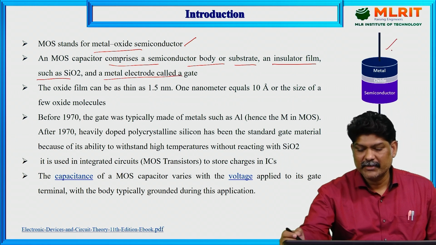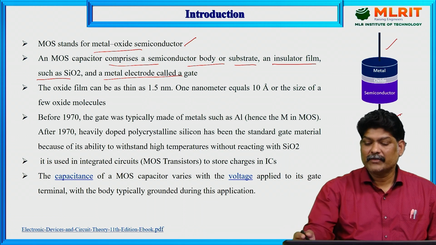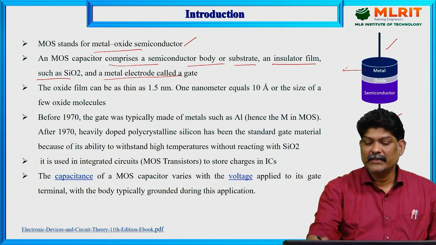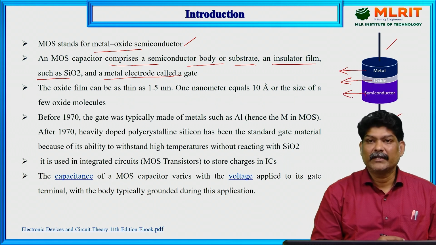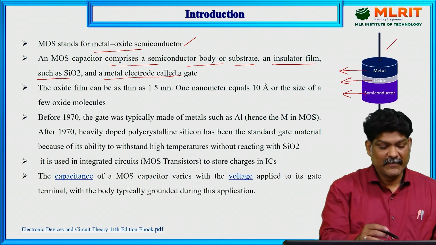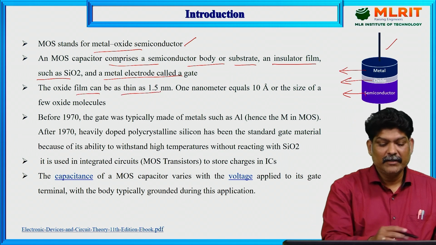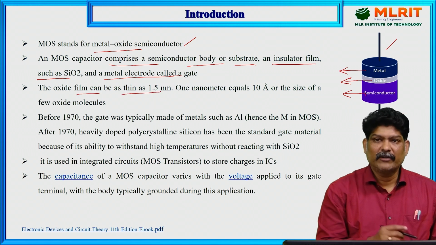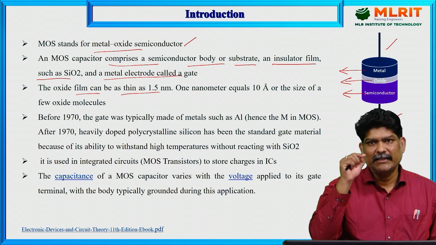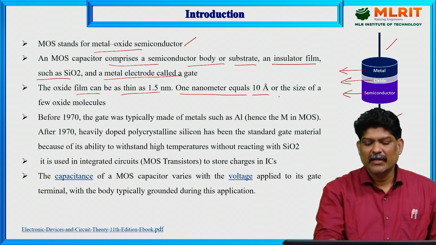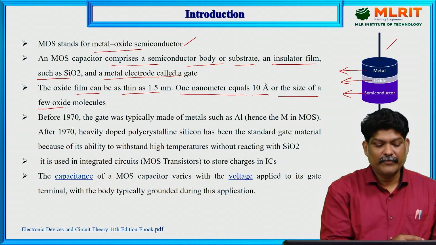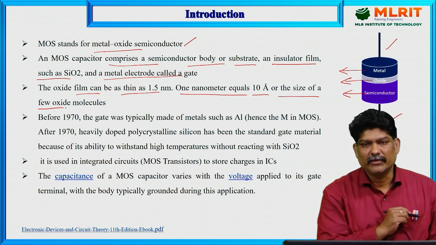If you observe this figure, there are 3 layers: the top layer is metal, the second layer is the oxide layer, and the third layer is the semiconductor layer. The oxide film can be as thin as 1.5 nanometers, a very thin layer. 1 nanometer equals 10 angstrom, or the size of a few oxide molecules.